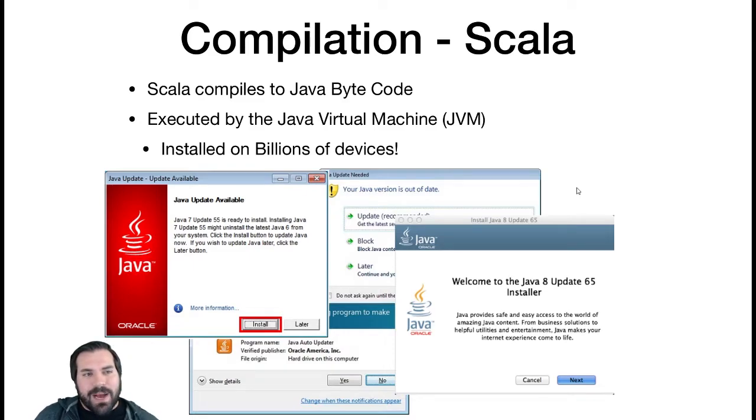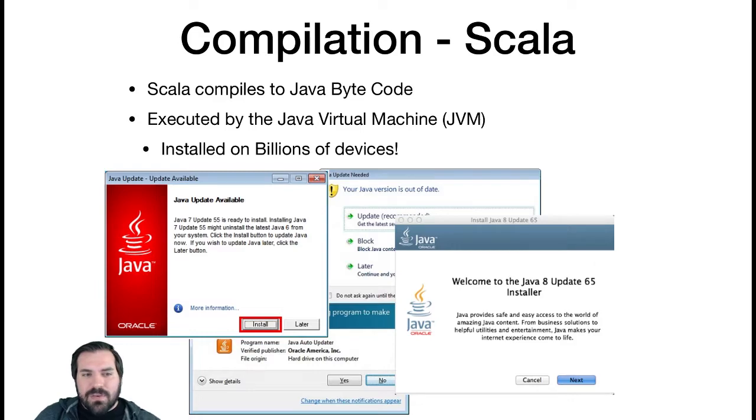Scala compiles to Java bytecode. So Java bytecode is the actual code that we run. And Java bytecode runs on the JVM, which, if you've ever seen these pop-ups, which I'm sure you have, "update your Java, Java's out of date, we have a new version for you."